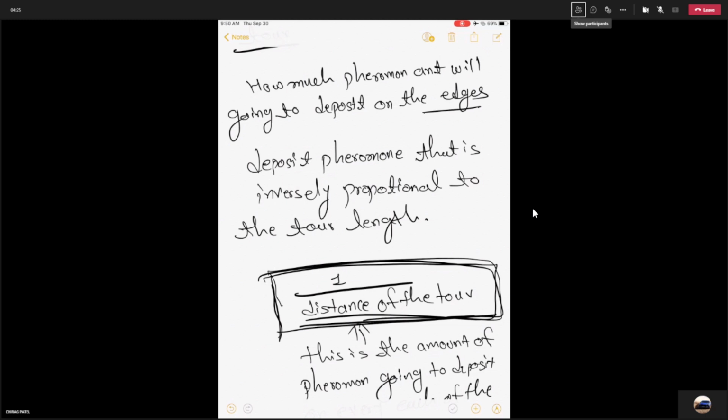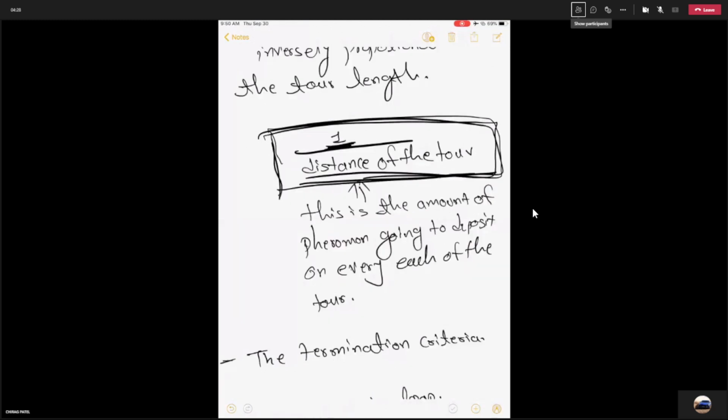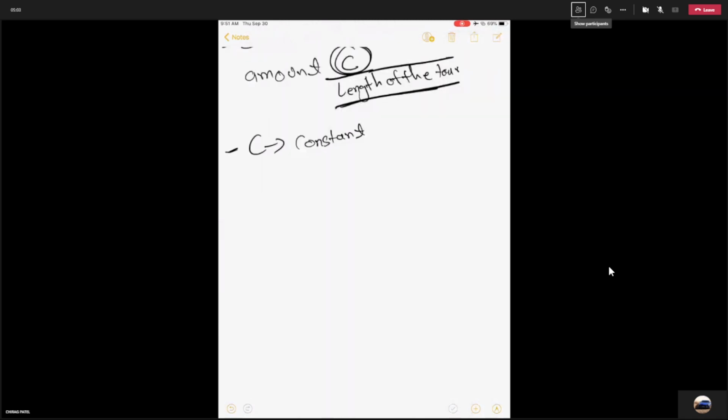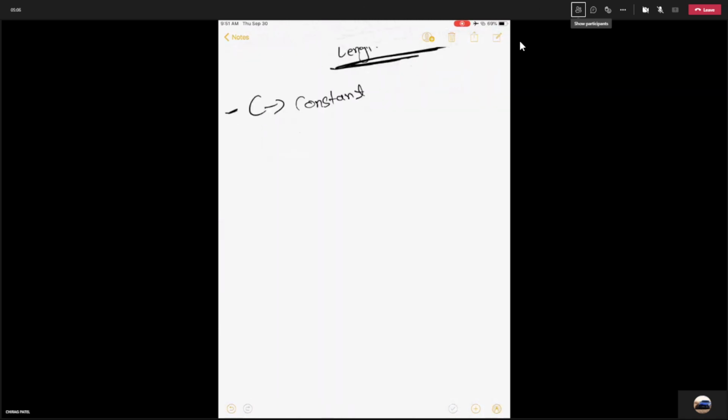If we do not use 1 and instead place a constant, otherwise this value becomes very small. So that's why to make the value to a certain justified level, we are placing the constant C in place of 1.